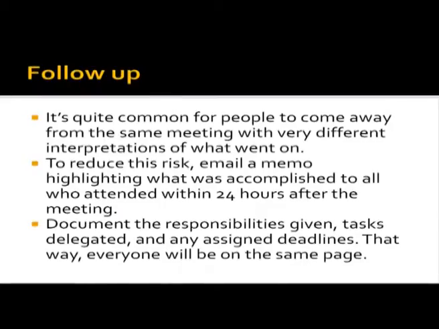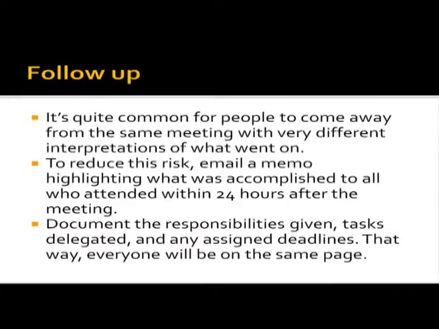When you circulate the minutes, if it needs to be formal, of the meeting within 24 hours, or it doesn't have to be formal minutes. It could be just a simple email listing all the points that were discussed at the meeting. Document the responsibilities given, tasks delegated, and any assigned deadlines.